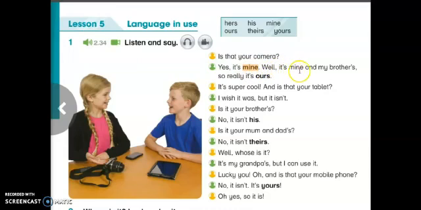Well, it's mine and my brother's. Here, he said this camera is mine and my brother's. So, really, it's ours. أي أنها لنا. له ولأخيه. لذلك سنقوم باستخدام ours بمعنى لنا.